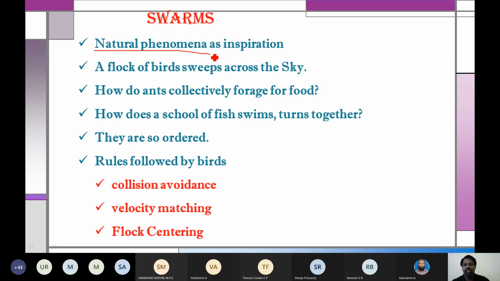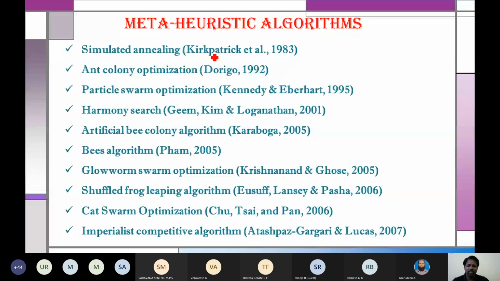You can see n number of metaheuristic algorithms. I just took the details from the internet. These are some examples, and I might have missed something in between, so don't worry about such things. For example, ant colony resembles the behavior of ants. Particle swarm optimization resembles how birds fly.